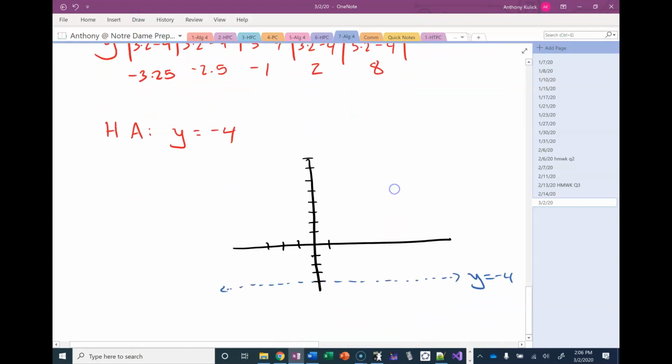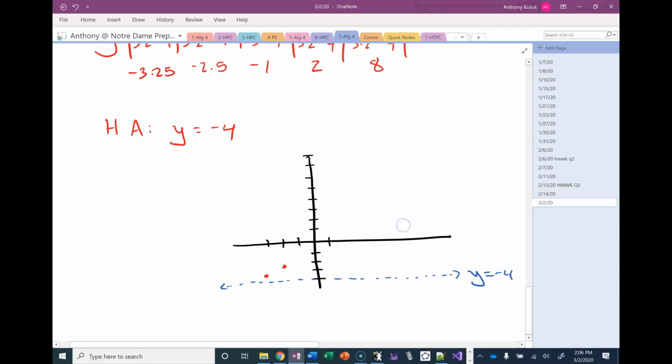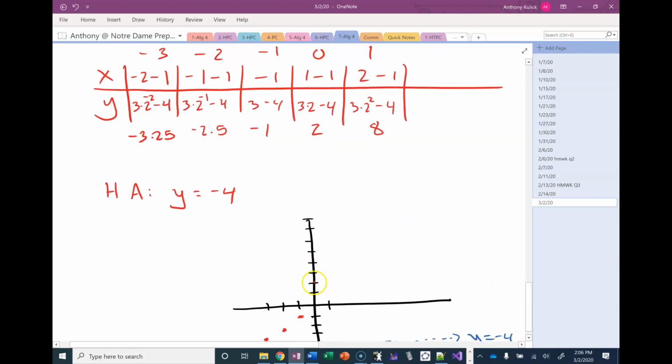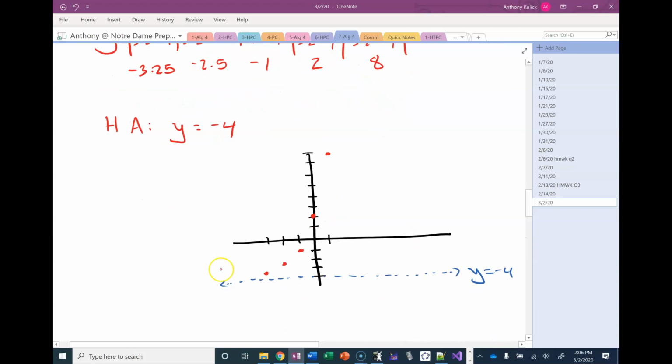So I have -3, -3.25, somewhere down here. And then I have -2 and -2.5, so that's about there. And I have -1, -1, which is about there. And I have 0, 2, which is there, and 1, 8, which is up there.